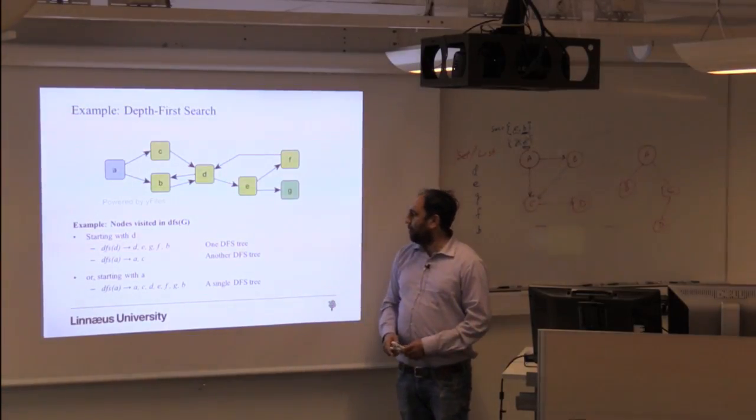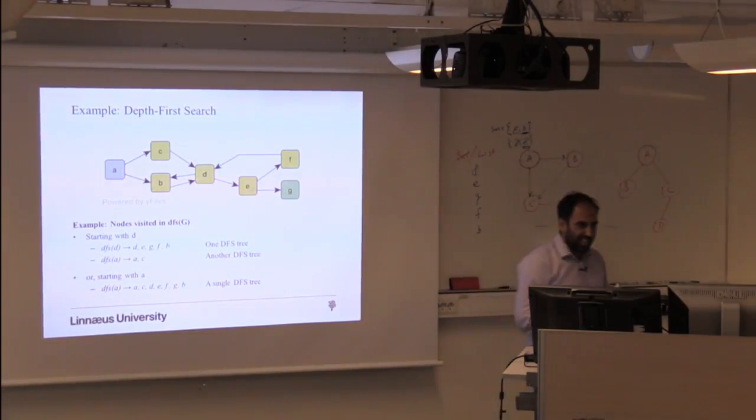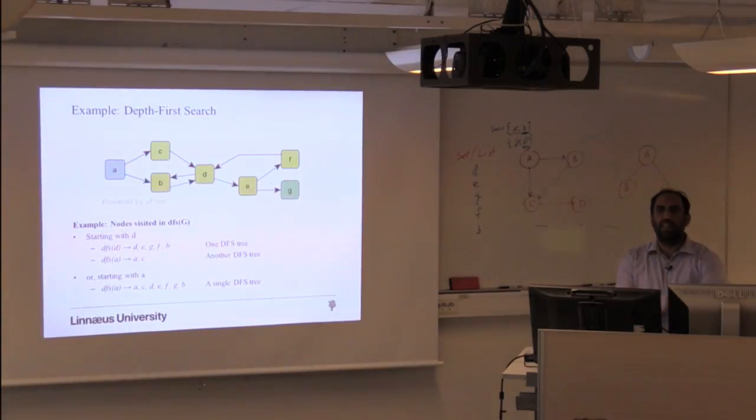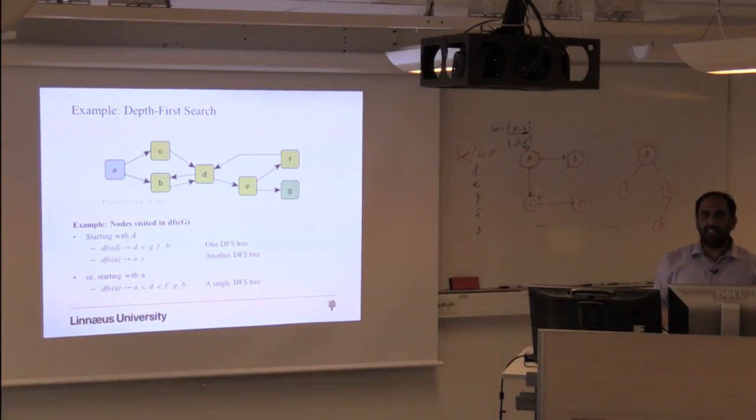So just make sure that if you are using a depth first search algorithm and you have picked a starting node randomly, it may visit all the nodes in that graph, but it may also not. It can also visit only a few. In that case, you have to start the DFS algorithm on the not visited list. So you have to check yourself which nodes have been visited, and if there are some nodes which have not been visited, then you have to call the algorithm again on those nodes.